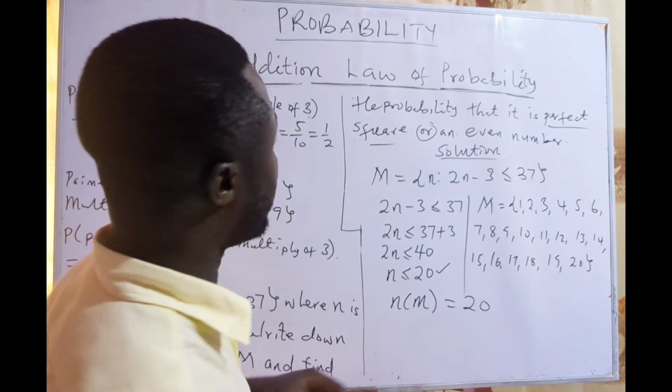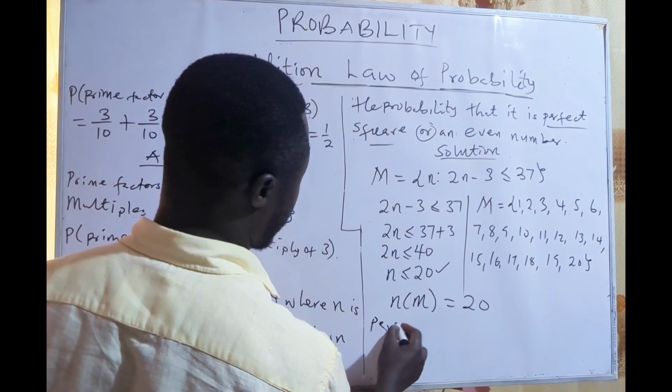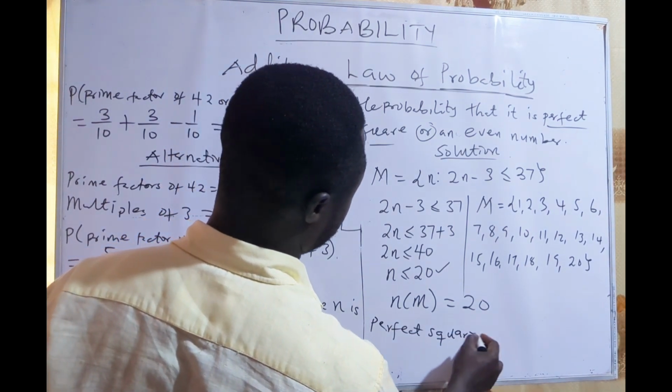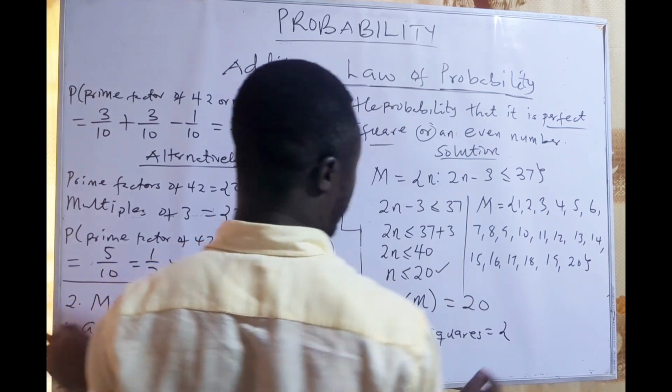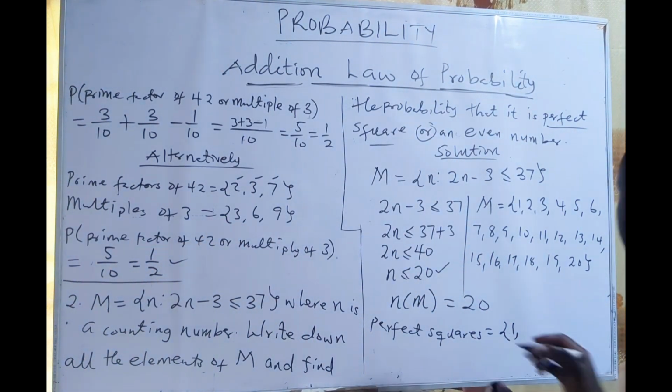We are finding the probability of a perfect square, so let's list the perfect squares. How many perfect squares? 1 is a perfect square, 1 times 1.